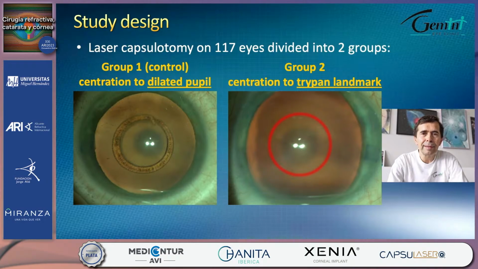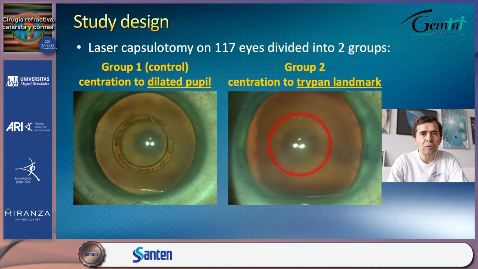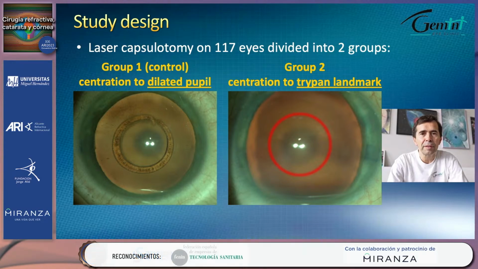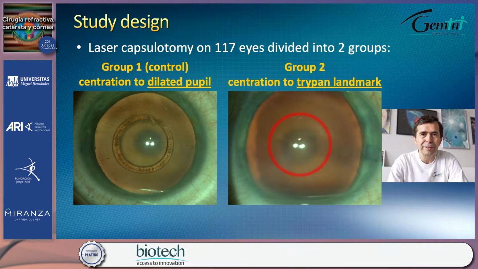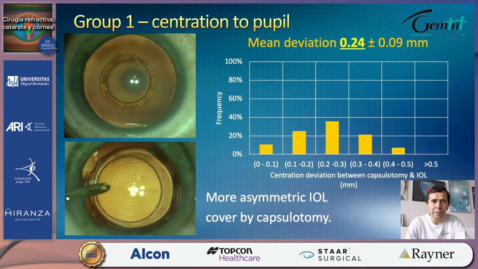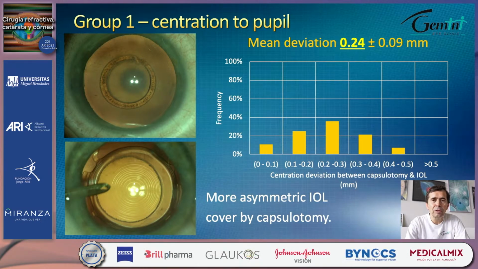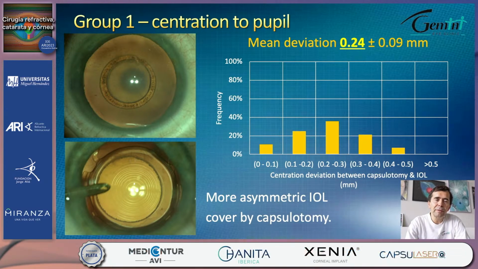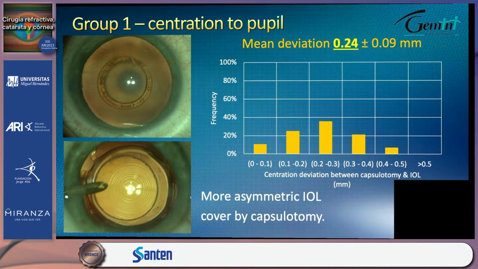We have created a clinical study comparing capsulotomy centration according to a dilated pupil and according to this central trypan capsule landmark. We treated 117 eyes divided into these two groups. Group 1 was centered according to the dilated pupil. The mean deviation from the visual axis was 0.24 millimeters, and the capsulas covered the IOL optic a little bit asymmetrically, a little bit more often.